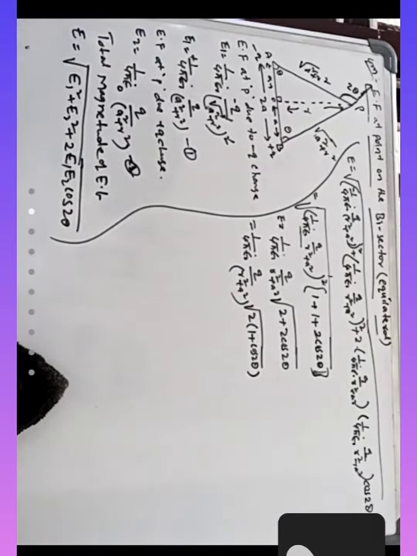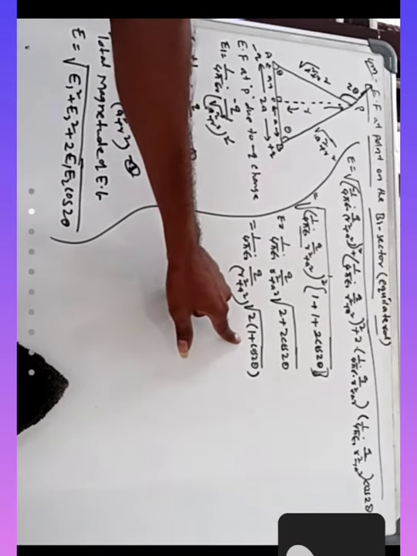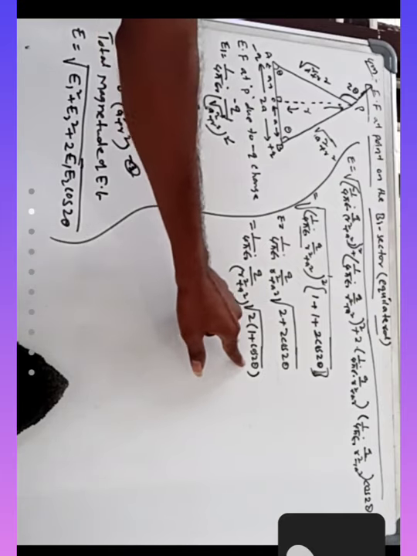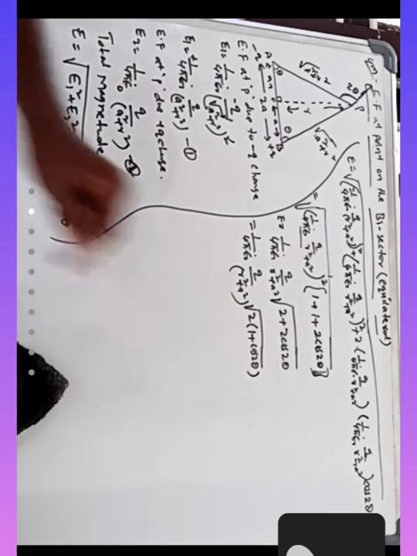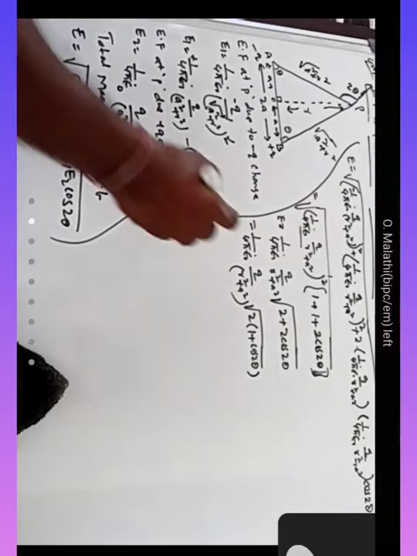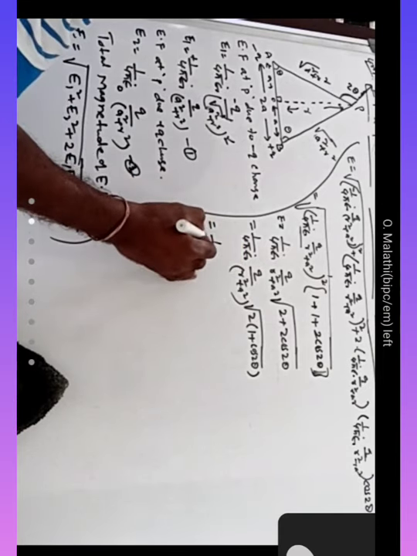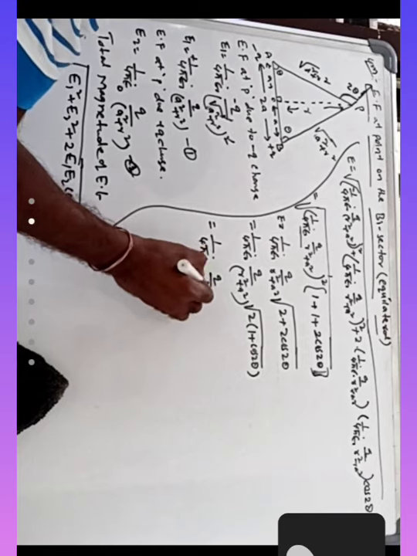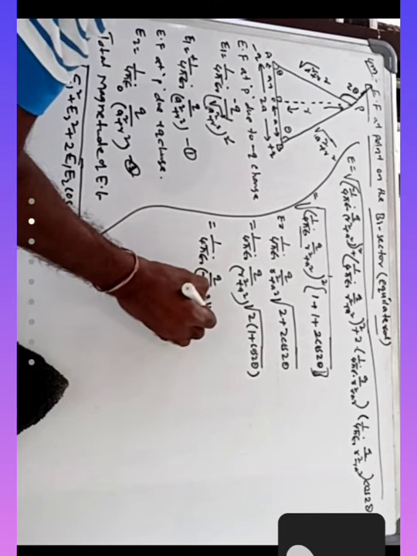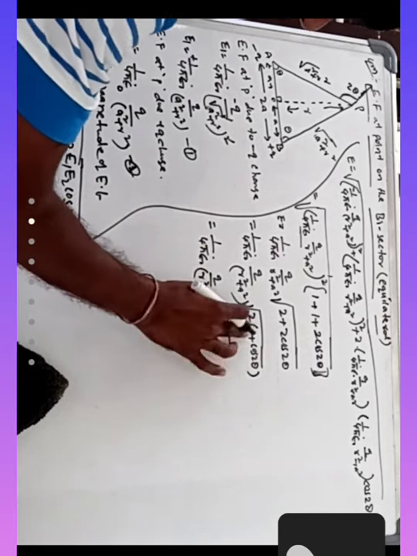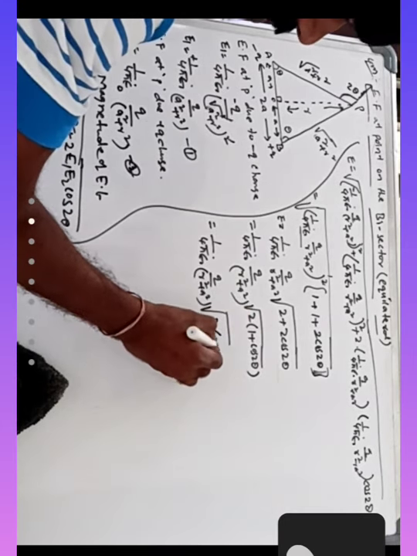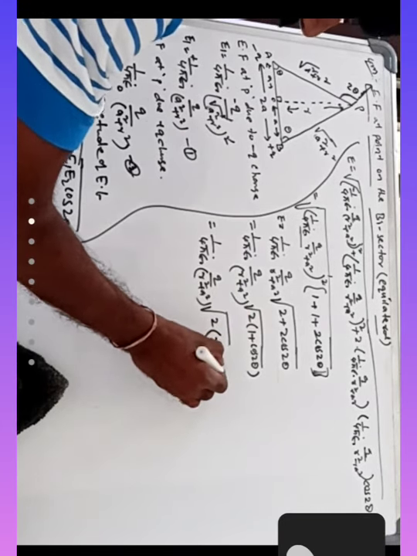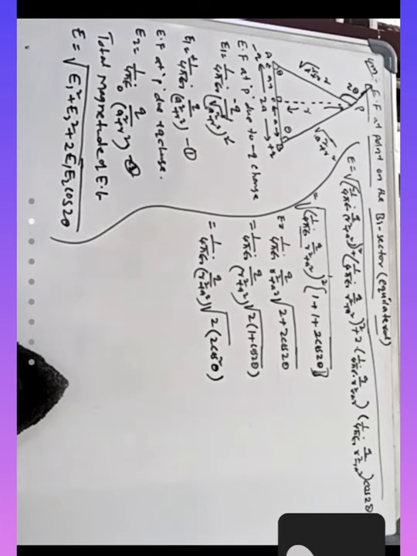Now this 1 plus cos 2 theta value is 2 cos square theta. So 1 by 4 pi epsilon naught into Q by R square plus A square, under root 2 into this 1 plus cos 2 theta value, 2 cos square theta.